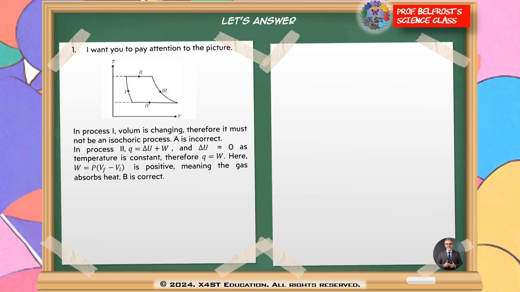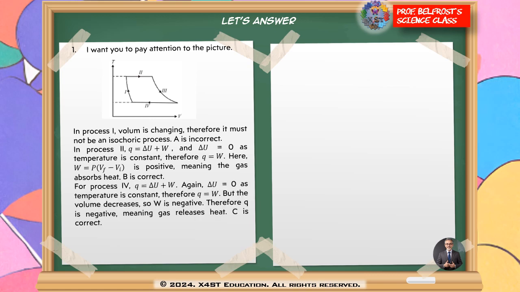Therefore, we only have Q equals W. Here, W, the work done, equals P, the pressure, times the final volume minus the initial volume. And because the difference of the volume is positive, the W is positive. The work is positive, meaning the gas absorbs heat. So B is correct too.